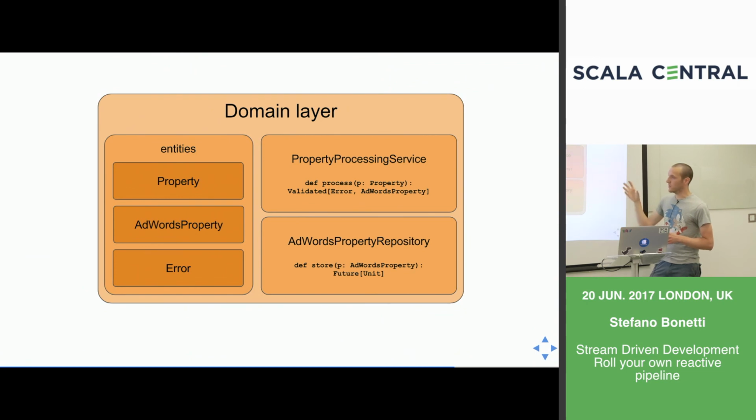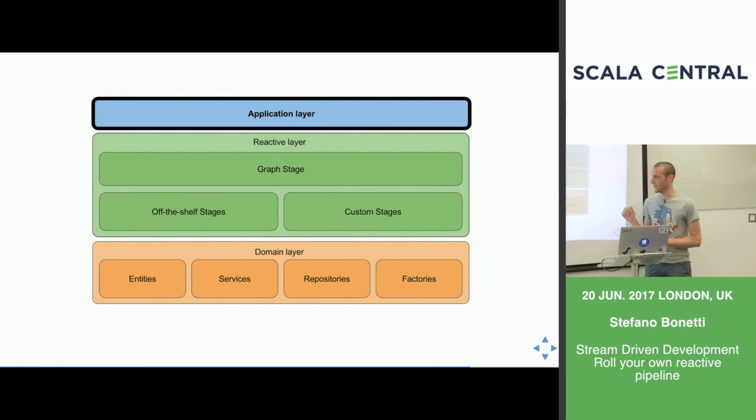We've decided that we need entities: on the left-hand side, properties, AdWords validated properties, and errors just for validation. We need a service to do the processing of these properties. This is already typed because we decided this type signature already, and the repository to deal with Google AdWords.